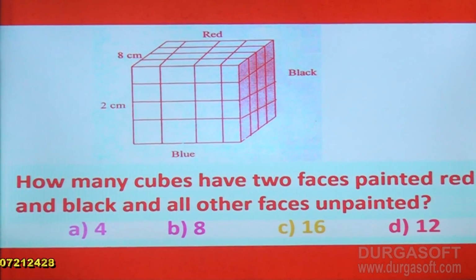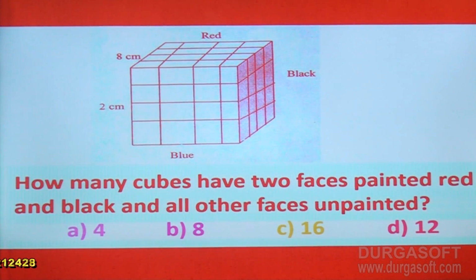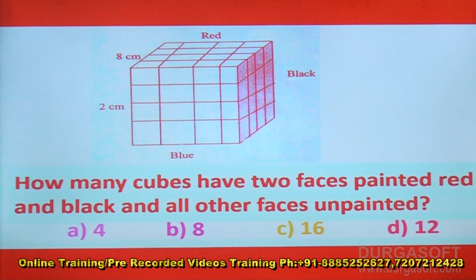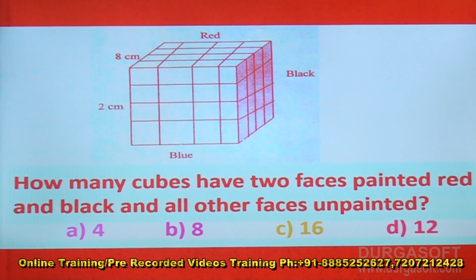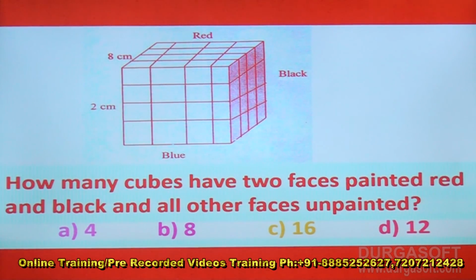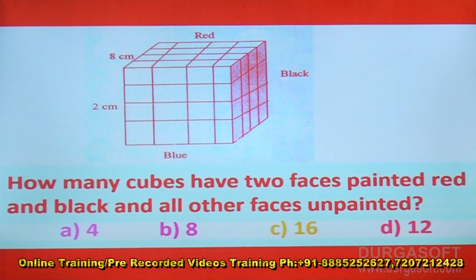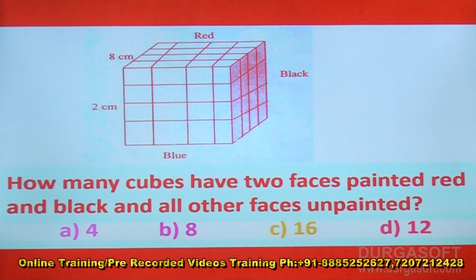How many cubes have 2 faces painted red and black and all other faces unpainted? It seems to be very difficult, but by visualizing and trying to understand where it is painted and how, you can answer this question easily. Here we require 2 faces painted red and black.